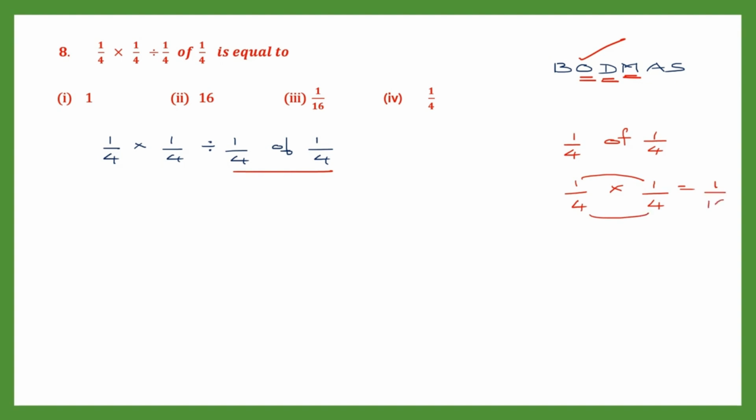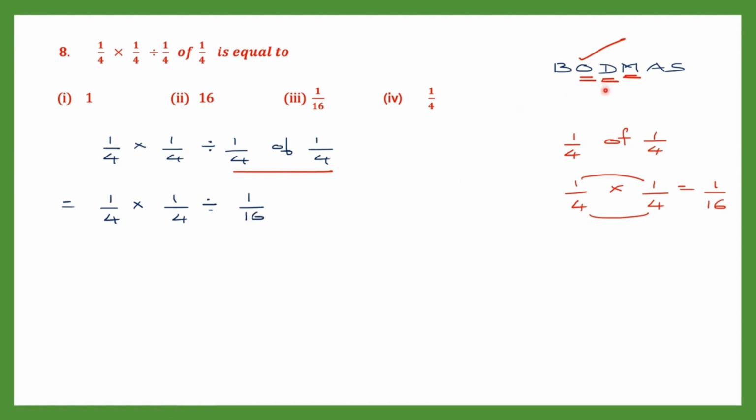We multiply the numerators and the denominators. That means in the place of this expression, we must write 1 by 16. Everything else remains the same. So we can write 1 by 4 into 1 by 4 divided by 1 by 16. So we finished with of.